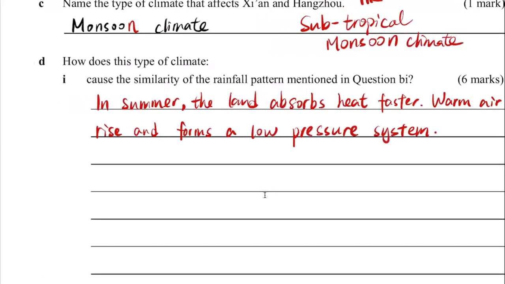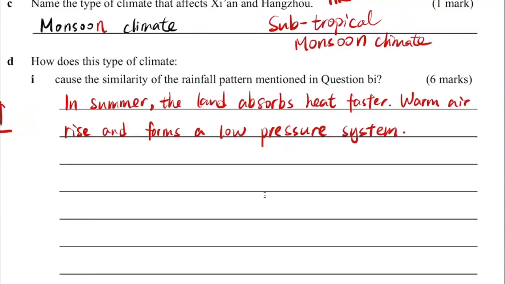Let's draw a picture. It's the land, and after it's heated, the air rises. In the air near the surface, the density of the air is low, or we can say there is just little air left. So it's a low pressure system.